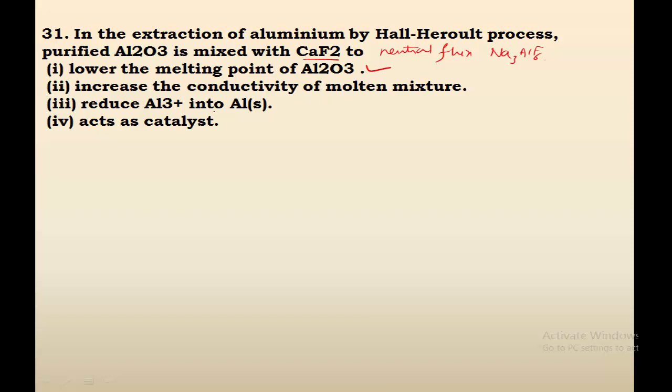Third, reduce Al³⁺ ions to Al. No. Acts as a catalyst. No. So these two statements are wrong. The correct statements are 1 and 2. So option 1 and option 2 are right.